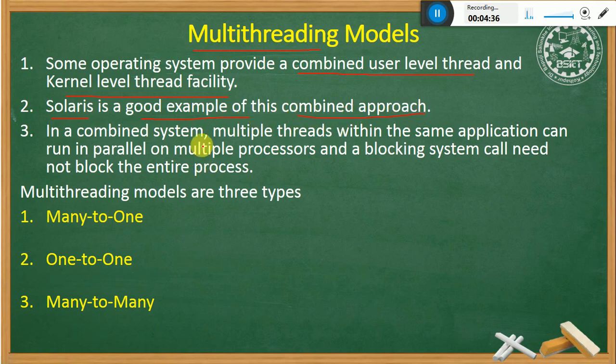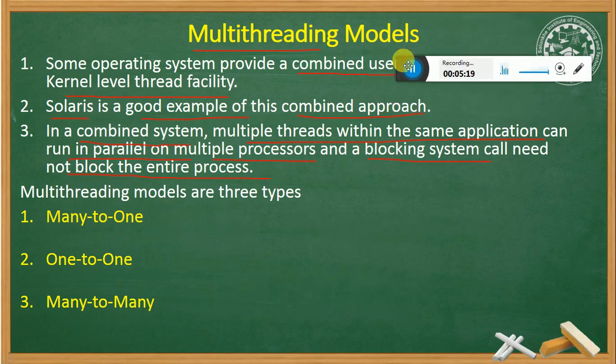Solaris is one operating system which combines user threads and kernel threads. In a combined system, multiple threads within the same application can run in parallel, and a blocking system call need not block the entire process. So multiple threads can be executed in parallel at a time. That is the basic theme of multi-threading, and it may have user threads and kernel threads.